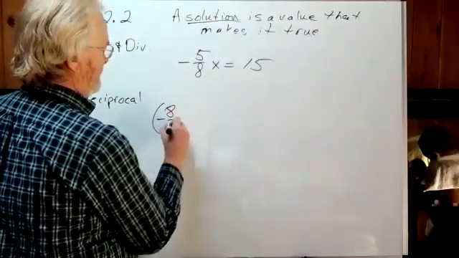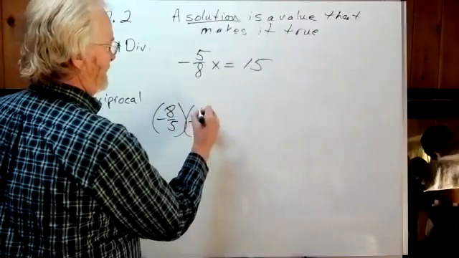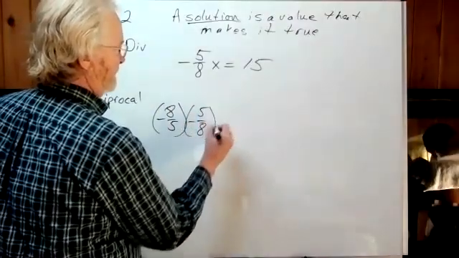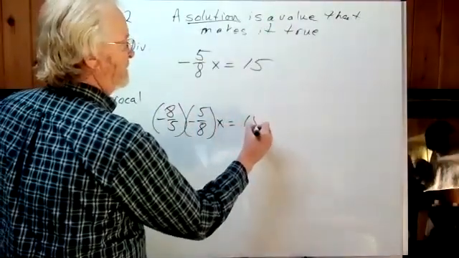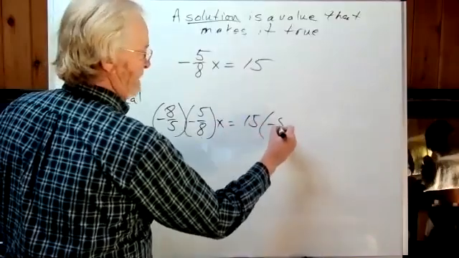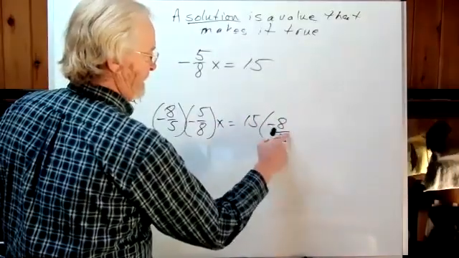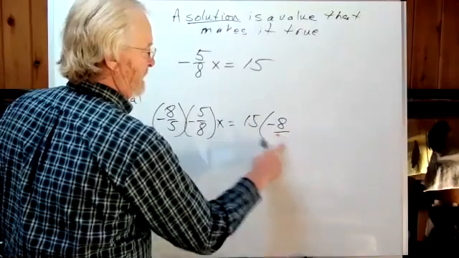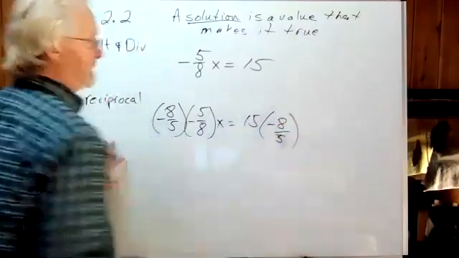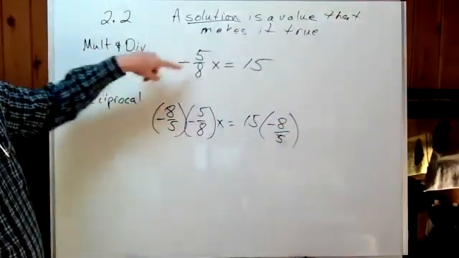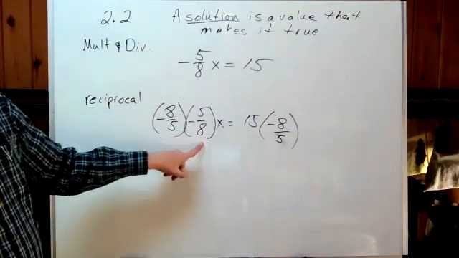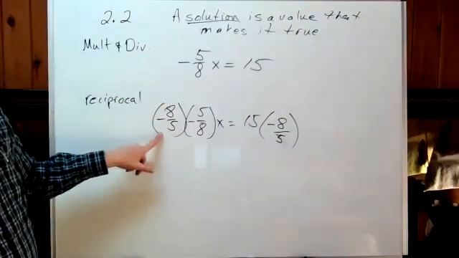Because I'm putting all these fractions together, I'm putting in parentheses. Here's my original part, 15 times negative 8 fifths. Here's my reciprocal of the original. If it's negative, the reciprocal is still negative.